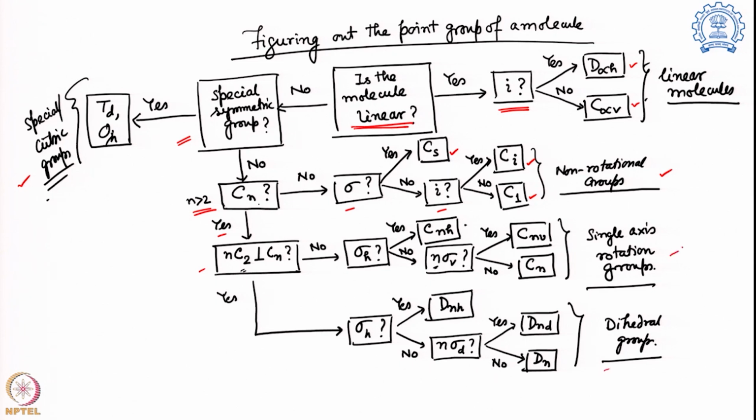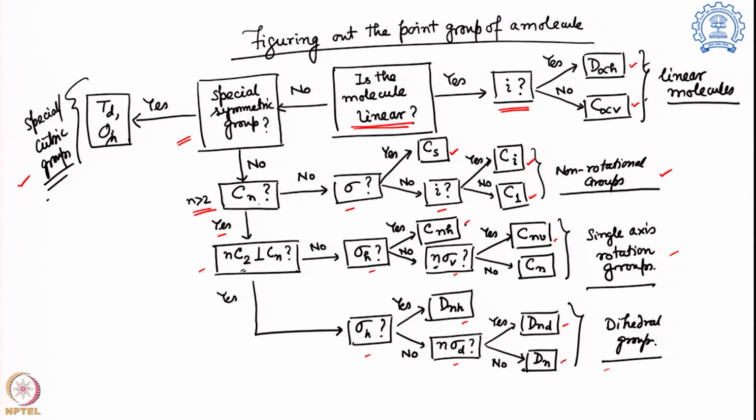And then the question is quite similar for both cases: whether you have a sigma h or not, if yes, Cnh or Dnh. Then whether you have a number of sigma v or sigma d or not, if yes, Cnv or Dnd. And if nothing is present other than the Cn axis of rotation, then Cn, and if nothing other than Cn and n number of C2 perpendicular to Cn, then it belongs to point group Dn.